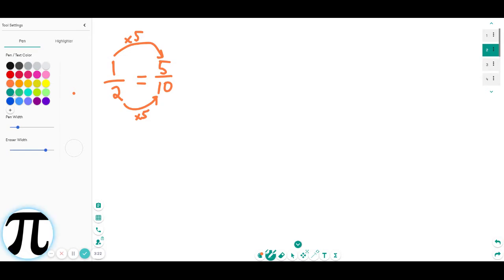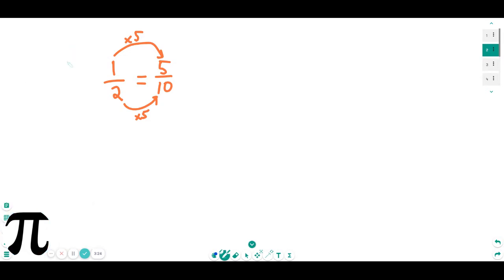What's another way? You could say, Mr. Smith, I could convert this to a decimal. What's the decimal form of this? Well, the decimal equivalent of 1/2 is 0.5, and we covered that in class the previous week, right?